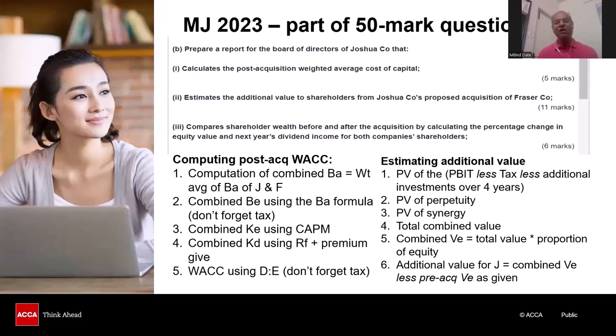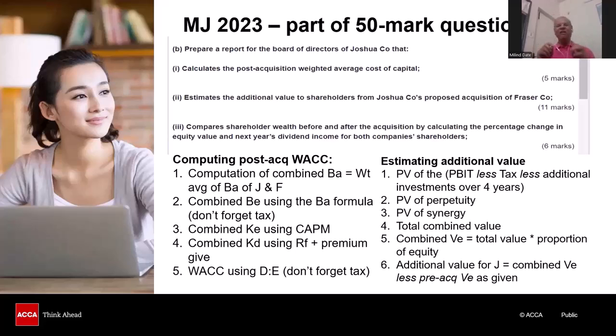You have understood how to determine the calculation of percentage gain for both, like share in the combined value of equity divided by pre-acquisition value of equity. That will give you the percentage change. And dividend also, the dividend that is entitled by both companies' shareholders pre-acquisition and post-acquisition.